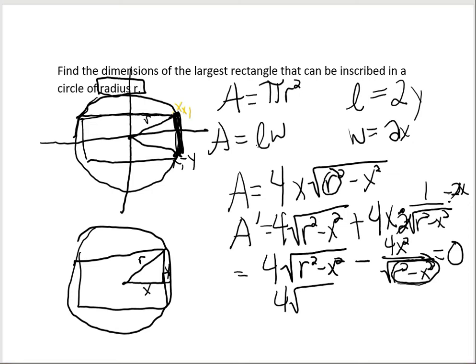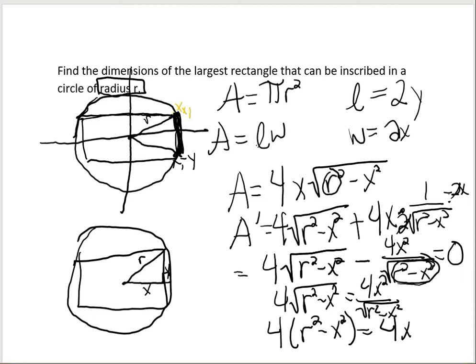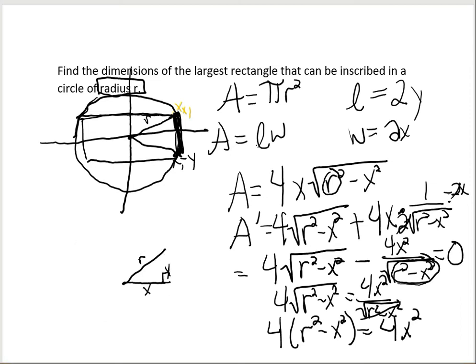So 4 square root r squared minus x squared equals 4x squared over square root r squared minus x squared. Multiply the square root to both sides. You get 4 quantity r squared minus x squared equals 4x squared, because it cancels this one. And with this one, you have a square root r squared minus x squared times a square root r squared minus x squared, so that gives, instead of to the 1/2 power, to the first power.